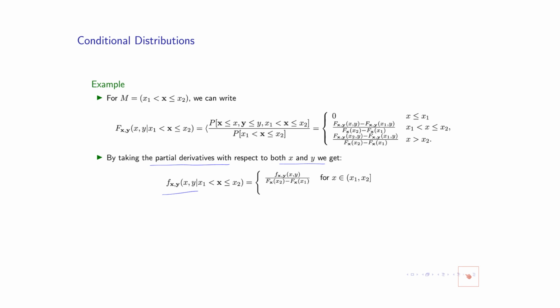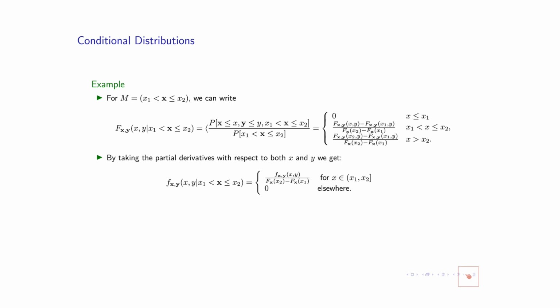For the first case, this is 0. This case gives you partial derivatives, and if you calculate the derivative with respect to x, you don't see any factor of x, so this becomes also 0. So only this case is non-zero. If x is in the interval x1 to x2, the joint conditional PDF is not 0, otherwise it's 0.